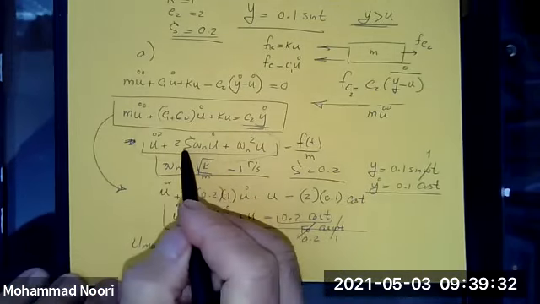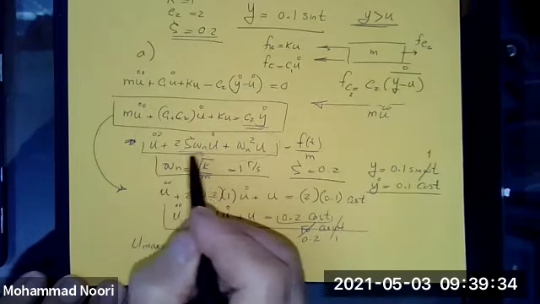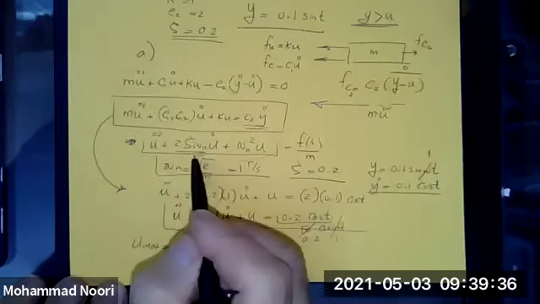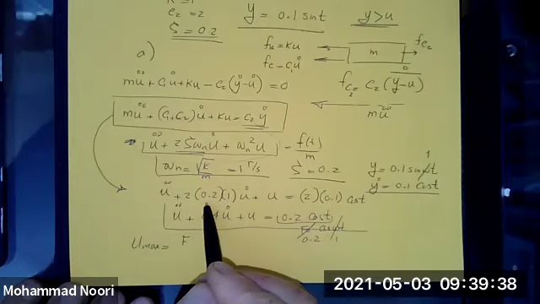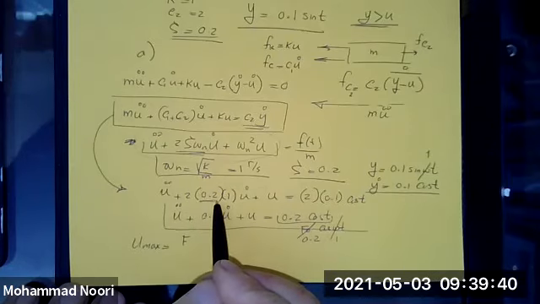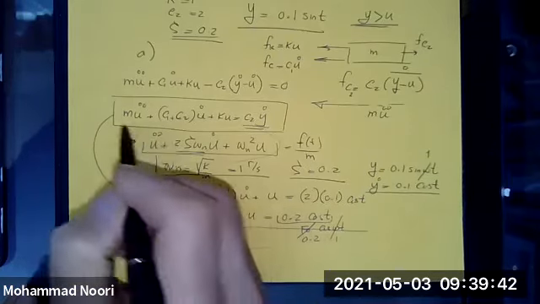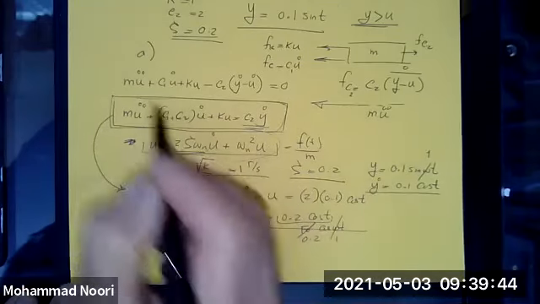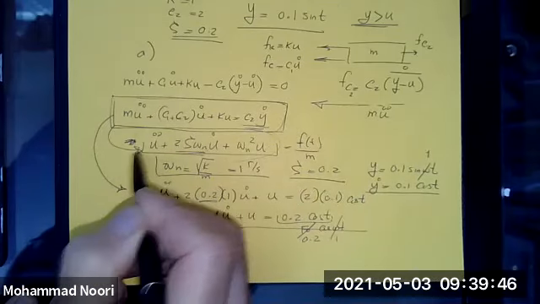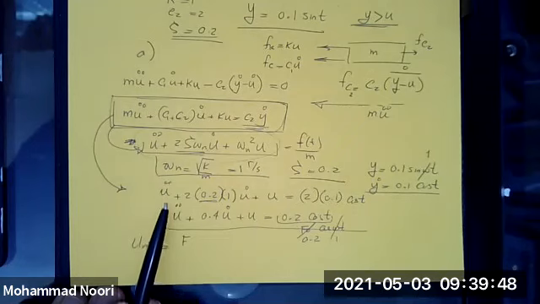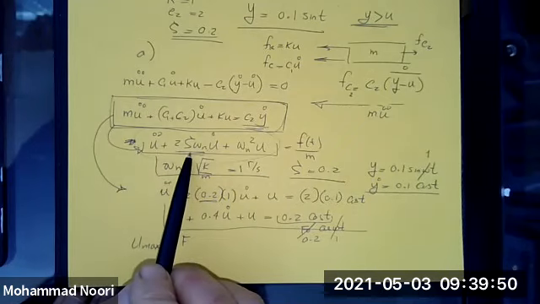When I converted this to this form, I ended up with zeta. Zeta is already given, okay? So I converted this equation to this form since zeta is given.